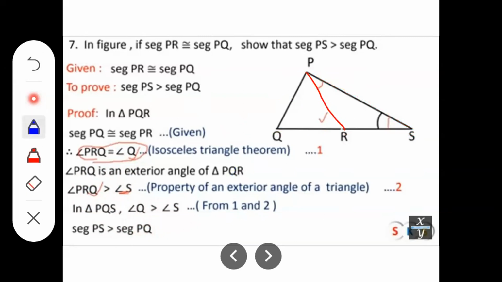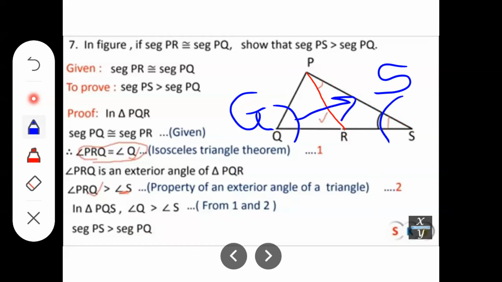Now see here, angle Q is greater than angle S, that is, S is smaller. So the side opposite to the greater angle is greater. For angle Q, the side opposite to it is PS.